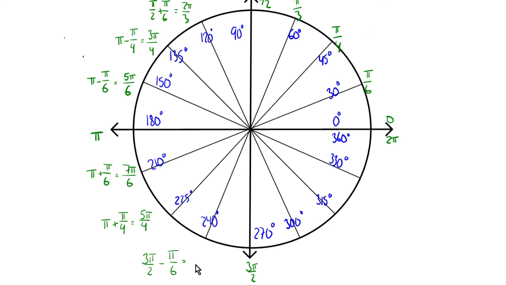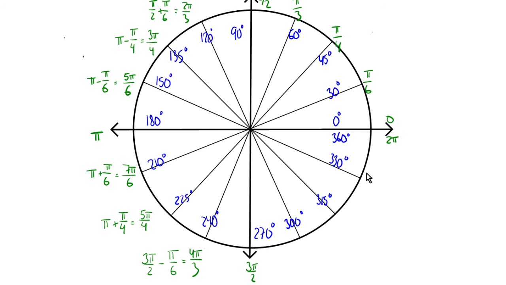Am I doing this right? I can write it out. We have 6 in the denominator, so it's going to be 9 pi minus pi. So that's going to be 8 pi over 6, which we can reduce to 4 pi over 3. That corresponds to 240 degrees.